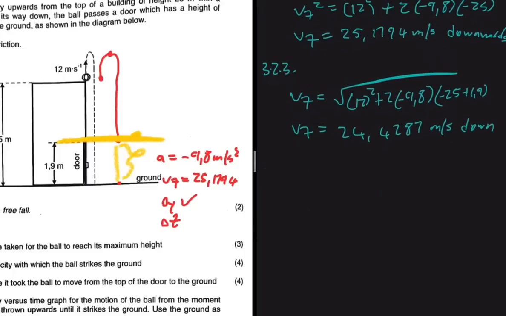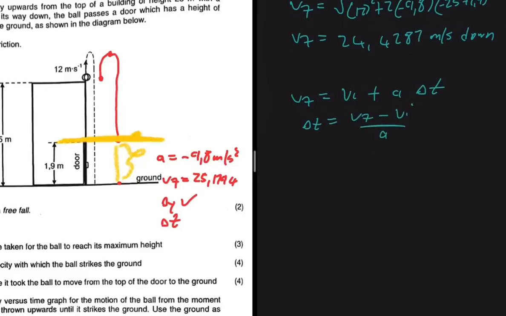So this VF that we have here is basically going to be our VI, right? For the motion from the top of the door to the ground. So now our favorite formula, we can say VF is equals to VI plus A delta T, right? We're looking for delta T. So if we solve this and make delta T our subject of the formula, we're going to get delta T is equals to VF minus VI divided by acceleration, right?